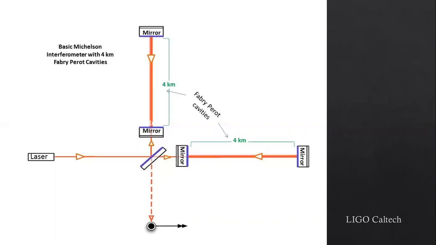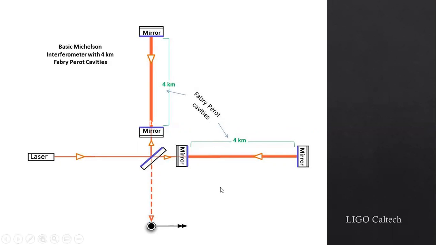So the light, instead of traveling for 4 plus 4, 8 kilometers, travels 300 times 4, so 1,200 kilometers in total. The Fabry-Perot cavities significantly increase LIGO sensitivity, as the longer an object is, the greater the gravitational waves affect its length. So the increase in length amplifies that effect.